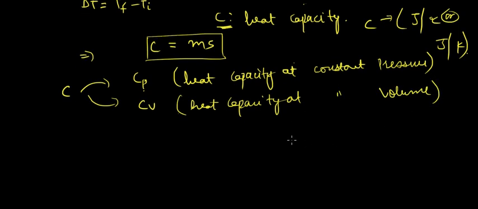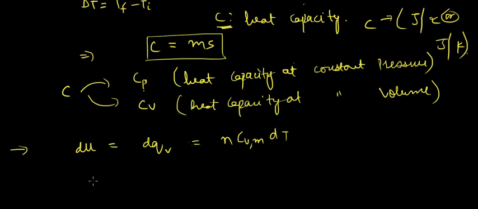Okay, now we can directly write du as n cvm delta t, which is dq at constant volume.